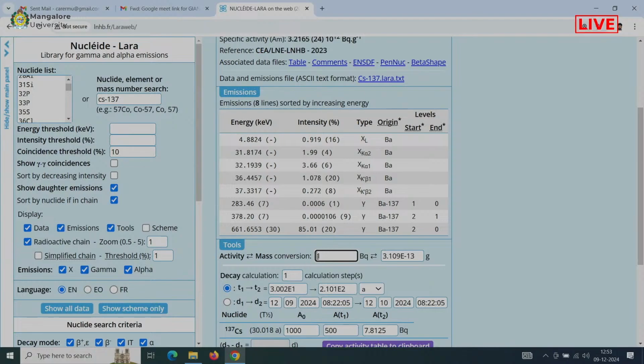Or can you suggest some other radionuclide? Which? Cobalt 60. All right. Let's try to use this one. Cobalt. This one. All right. Maybe it's better to write it down.